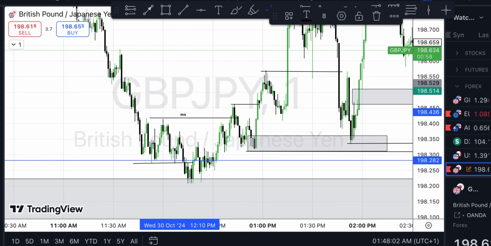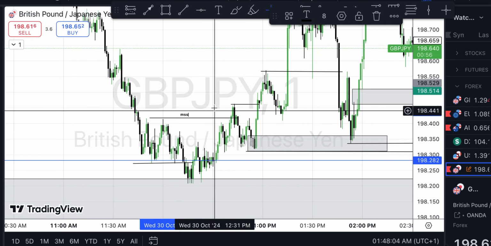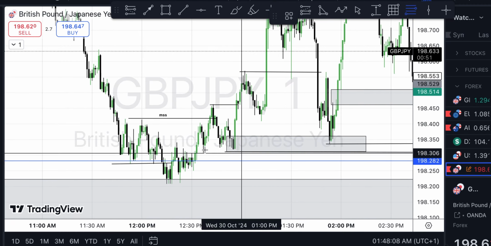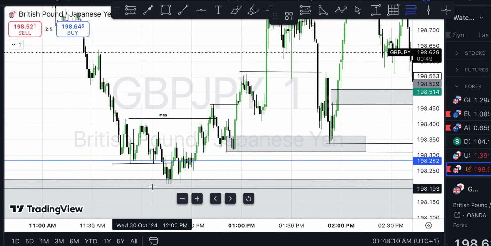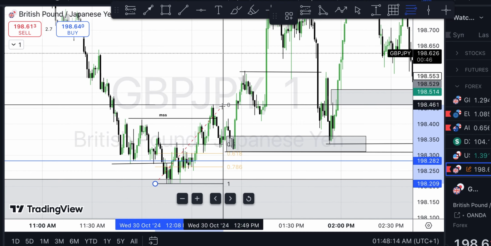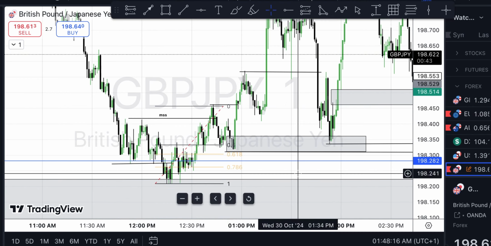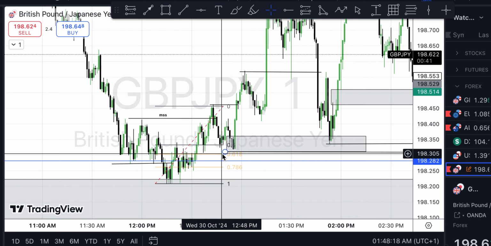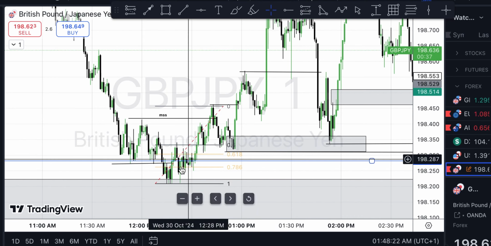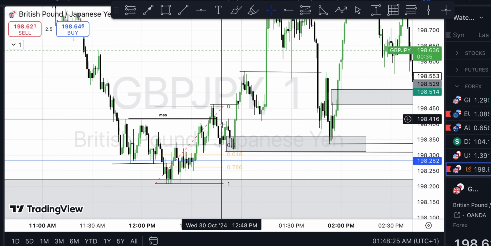So now I know that price has changed trend. Now this is a market structure shift. So I want to be looking for how to enter to get involved in this trade. What I will do is bring up my Fibonacci and draw from the swing low to the swing high. I want price to retrace back to at least 50% of my POI.